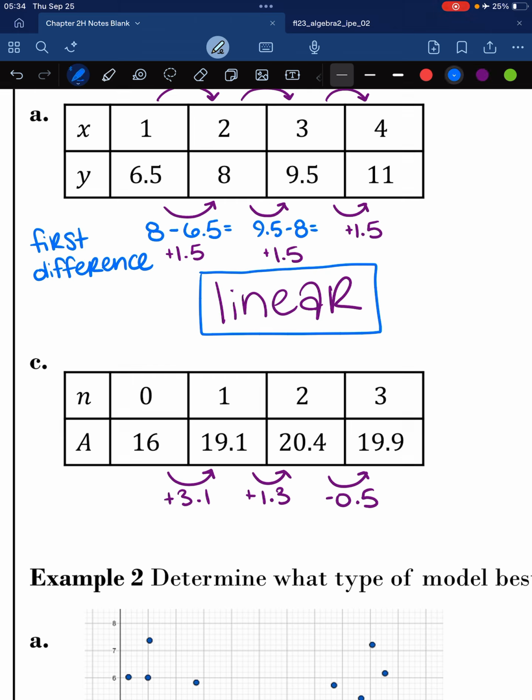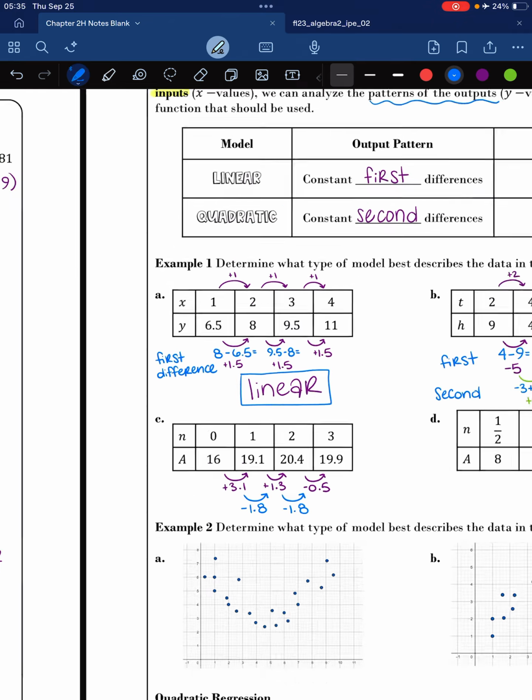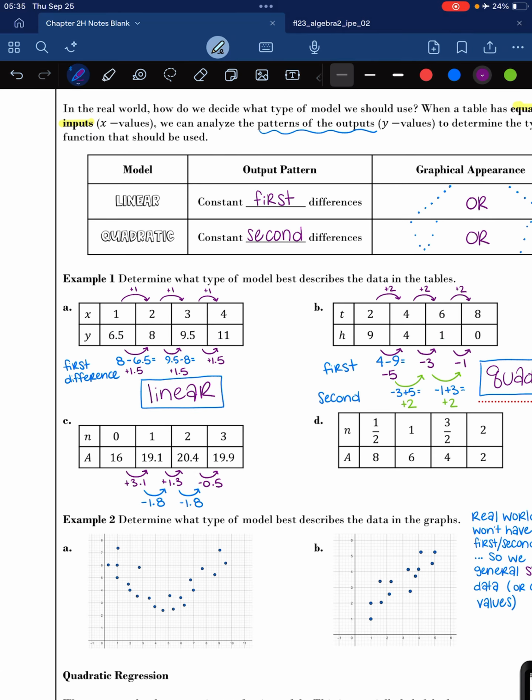That's really interesting, but let's just trust the process. It's obviously not linear, so let's go down a row. If we need to use our calculator, 1.3 minus 3.1 is minus 1.8. Minus 1.8 again. Look at that, a constant second difference, which means C is definitely quadratic.